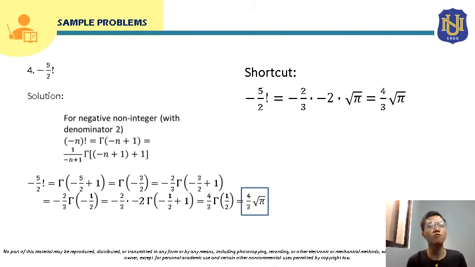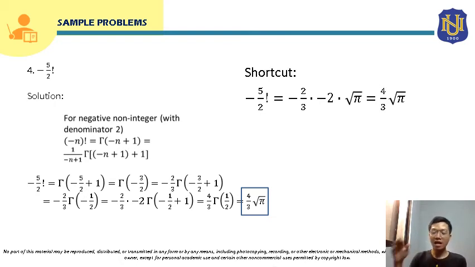Let's say for negative 7 halves factorial. What you're going to do for the shortcut is you just add 1 to negative 7 halves. So negative 7 halves plus 1 is negative 5 halves. So you get the reciprocal of that, which is negative 2 over 5, right?